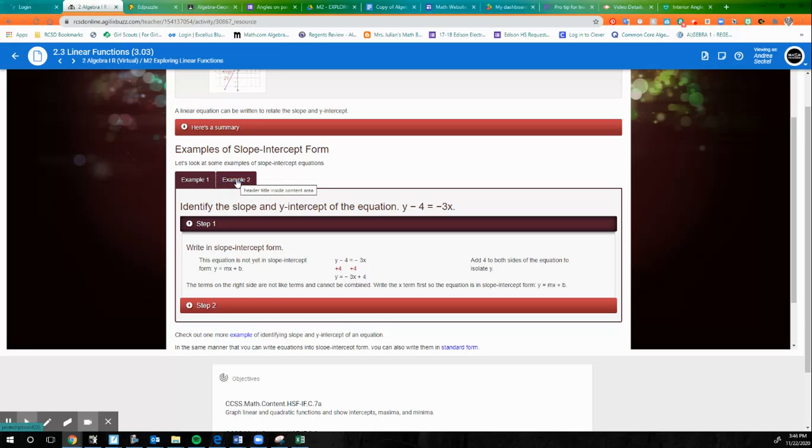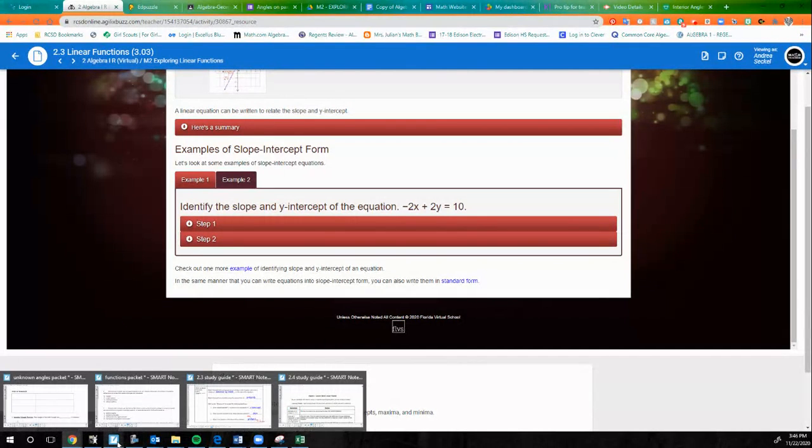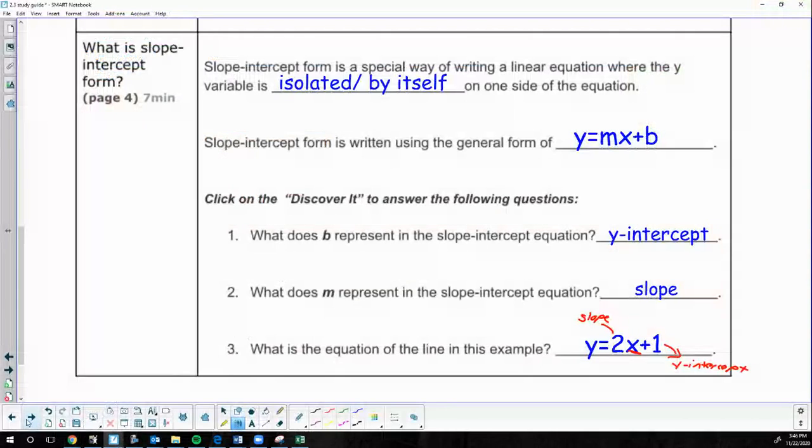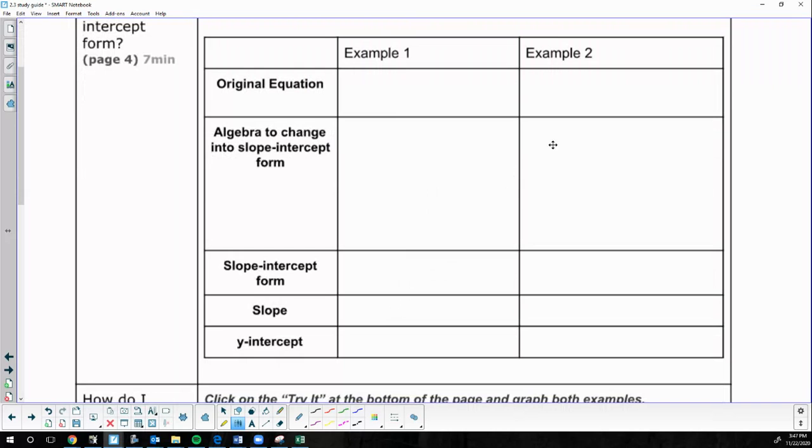And there's 1 and here's 2. So you want to try those on your own. If you're really struggling, click on here and it'll give you the steps. You want to write them down, and then try and identify which one is the slope and which one is the y-intercept. Okay, so the spot to do that is right here. So you can write down the 2 that they gave you and then follow the steps through.